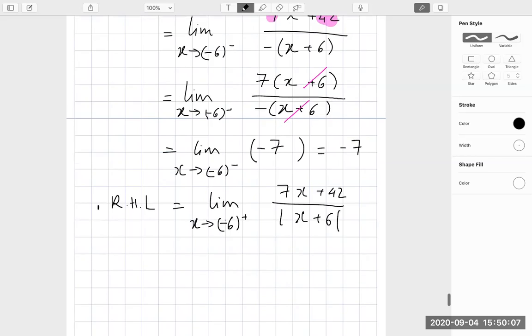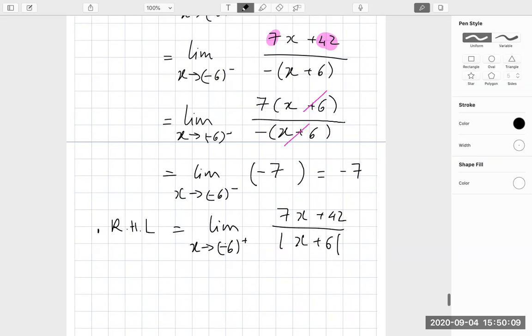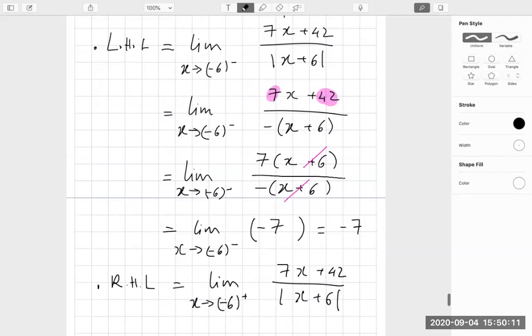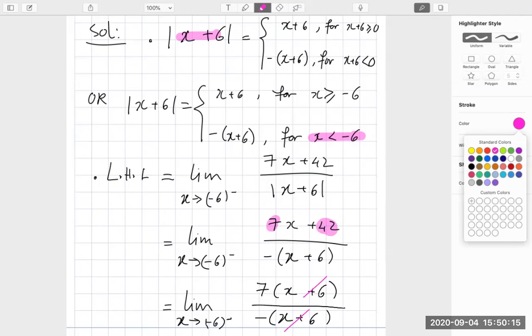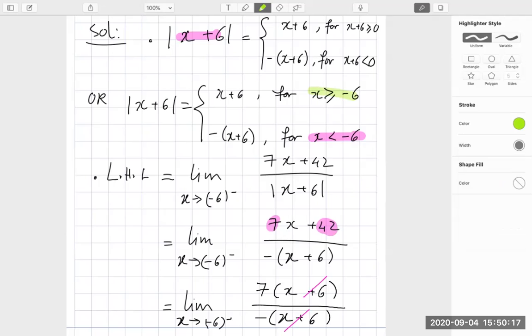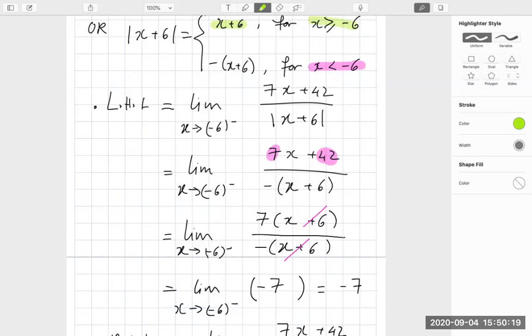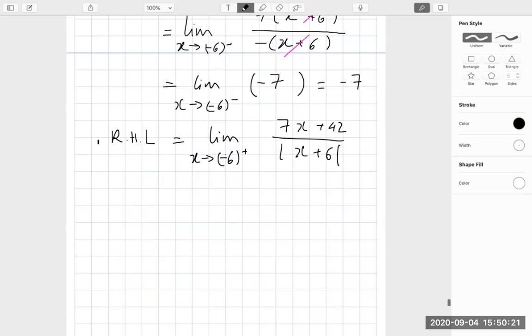We know that it is approaching -6 from the right, so we should use the second range here. Therefore, it becomes the limit when x approaches -6 from the right.